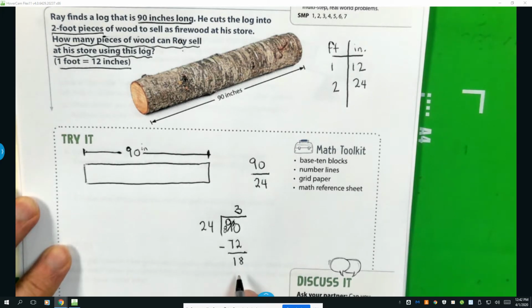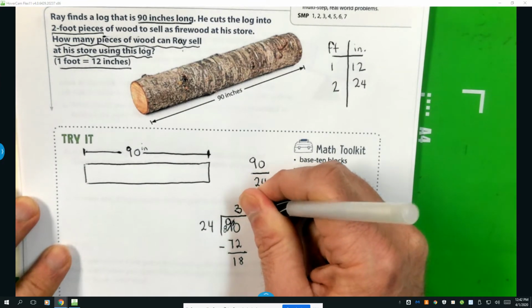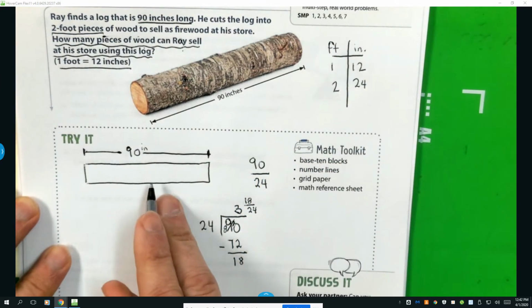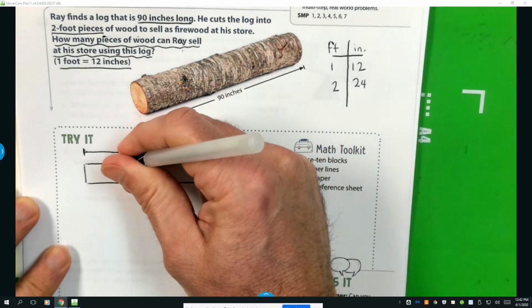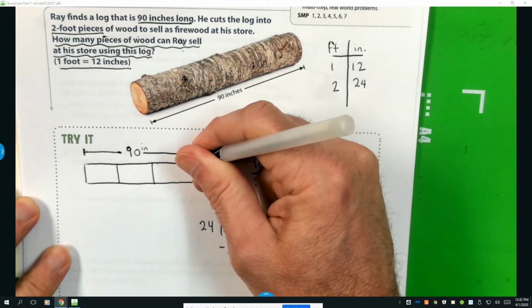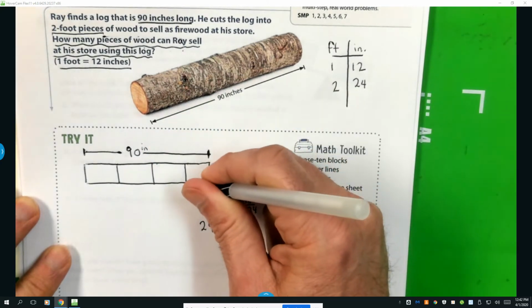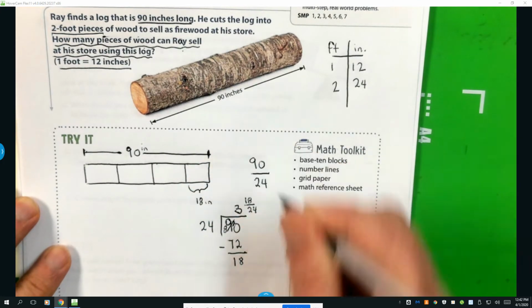So I can do 3 and 18/24. What that would look like right here is I would have 1 group, 2 groups, and 3 groups, and then this would be 18 inches left.